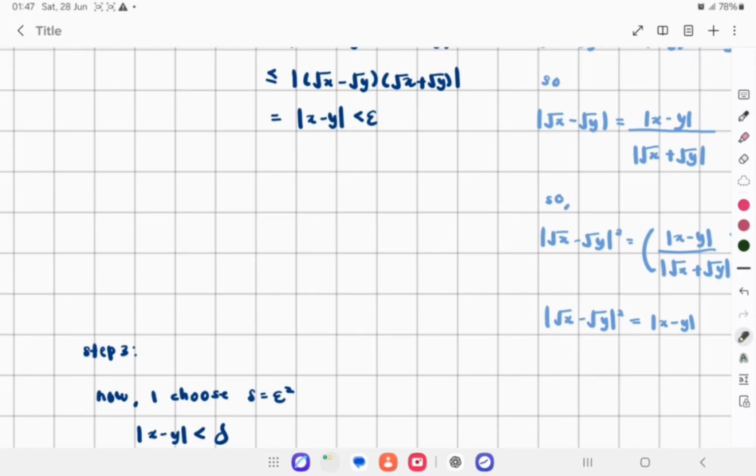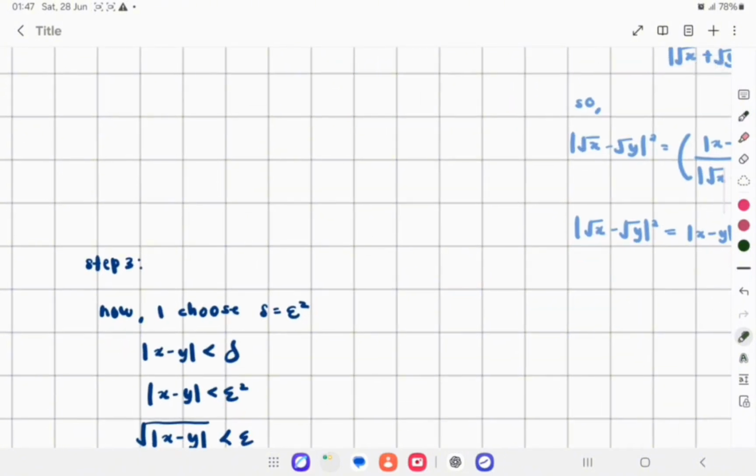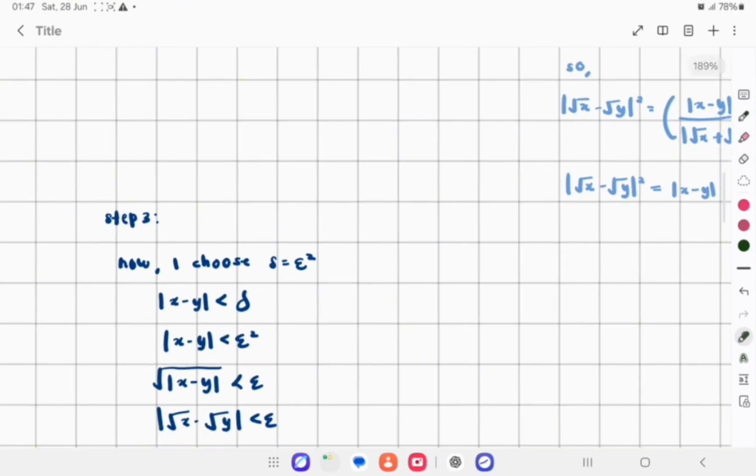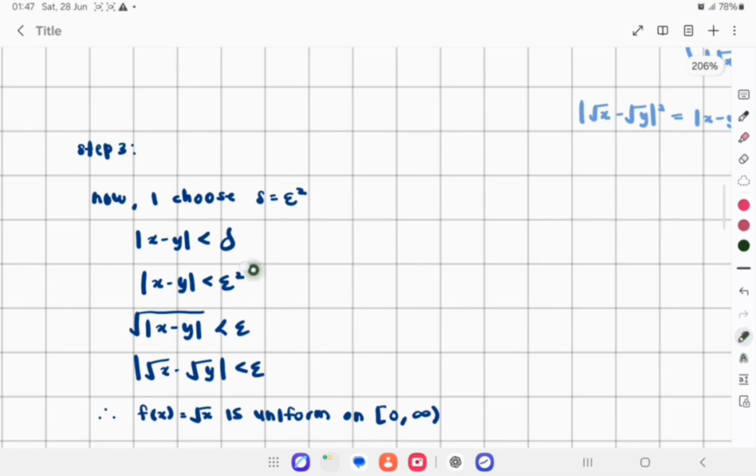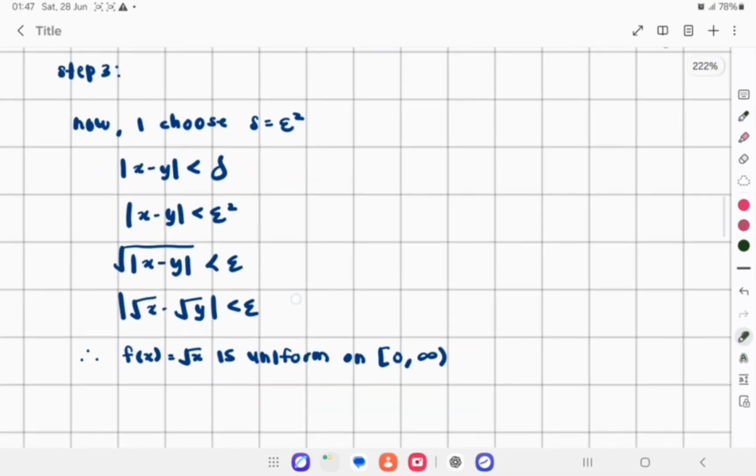Step 3, choose a delta in terms of epsilon. Now, I choose delta equals epsilon squared. Modulus x minus y less than delta. Delta ni kita ganti dengan epsilon squared. Bila epsilon squared, kita pergi belah sana, dia akan jadi square root. And then kita dapat bentuk dalam ni. Bila kita dapat bentuk dalam ni, maksudnya kita dapat epsilon je, the condition is satisfied.